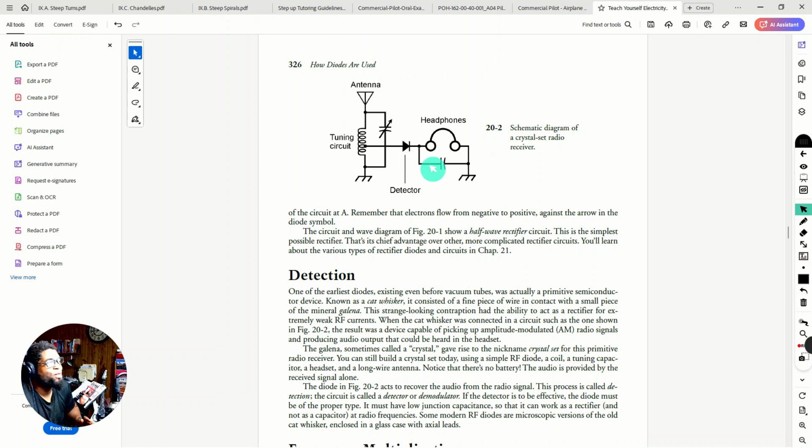And then we're going to have a capacitor here, a low pass filter, that's going to take out whatever's left of that carrier frequency and give us only the audio frequency. And then we just listen to the headset, and there you have it. You have audio that you can listen to.